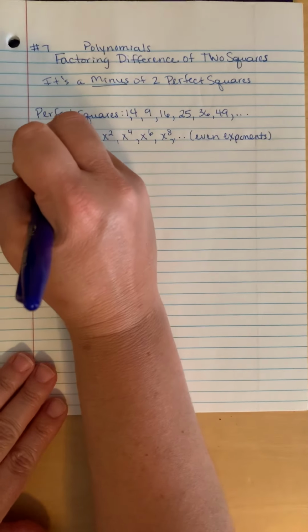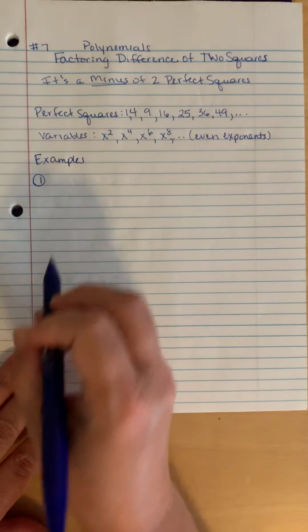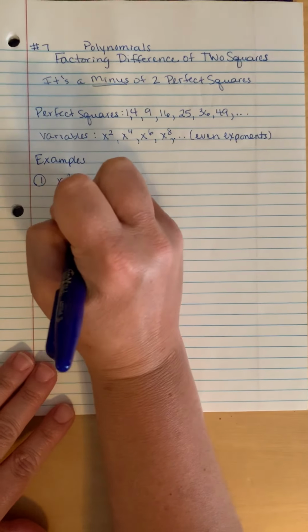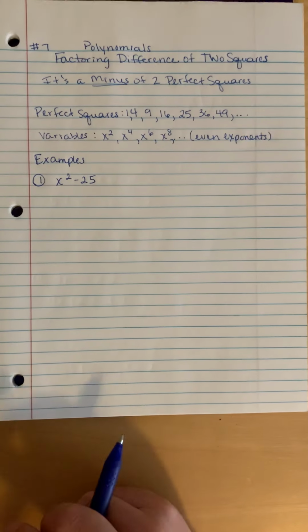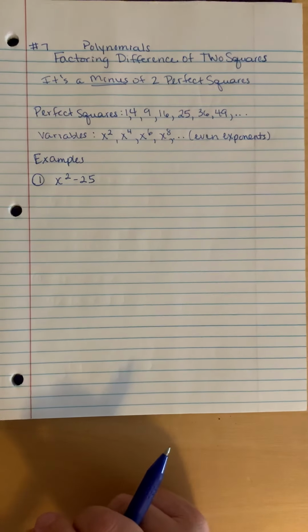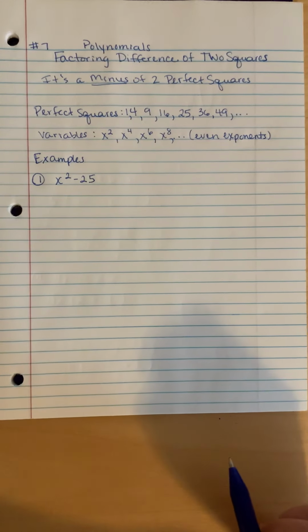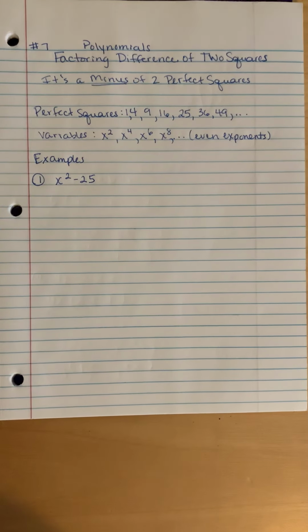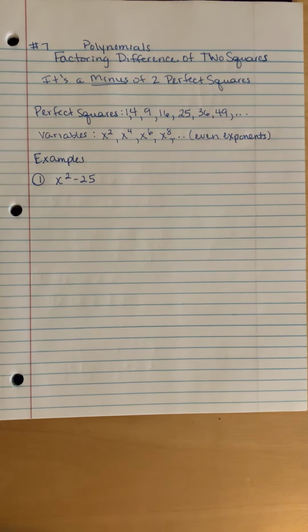All right, so I'm going to show you how to factor these perfect squares. So we're going to start with our examples here. And we're going to do example 1, which is going to be x squared minus 25. All right, so you need to know some basic things here. Think back to when we did multiplying last week with special cases. I'm especially thinking about example number 1.